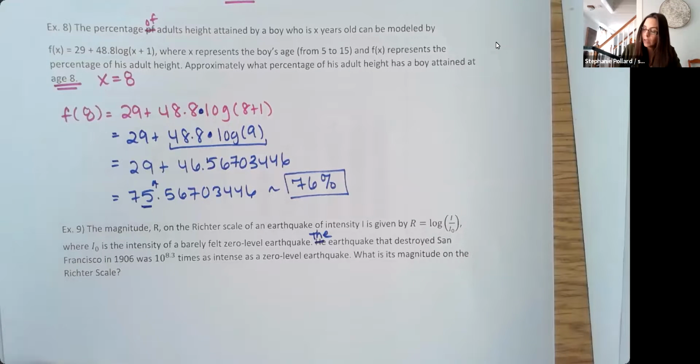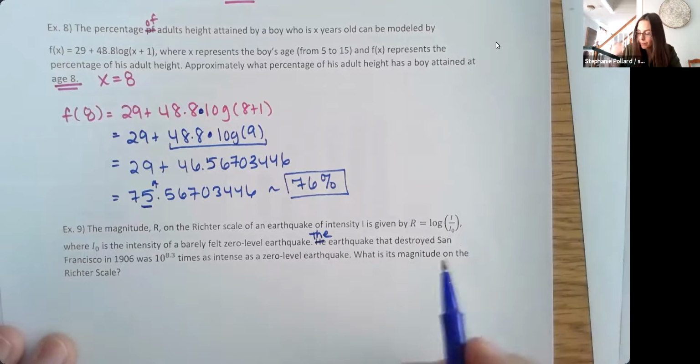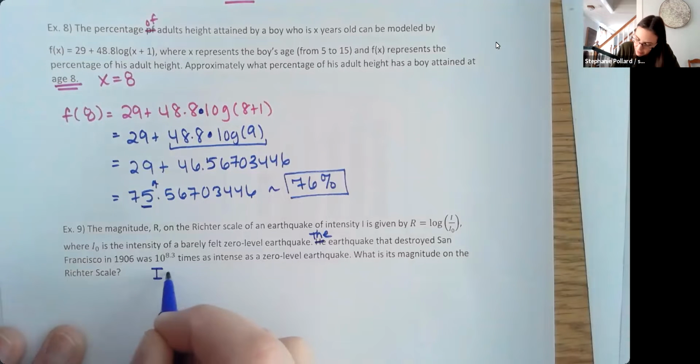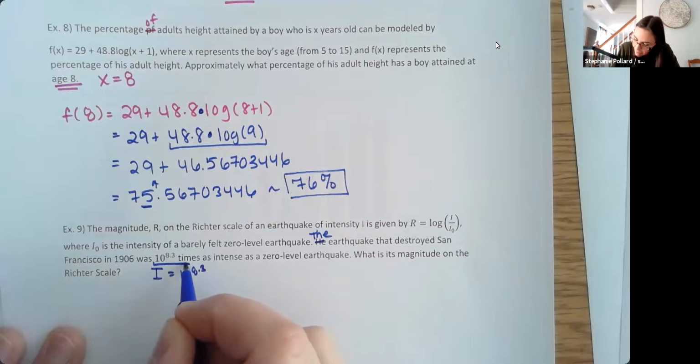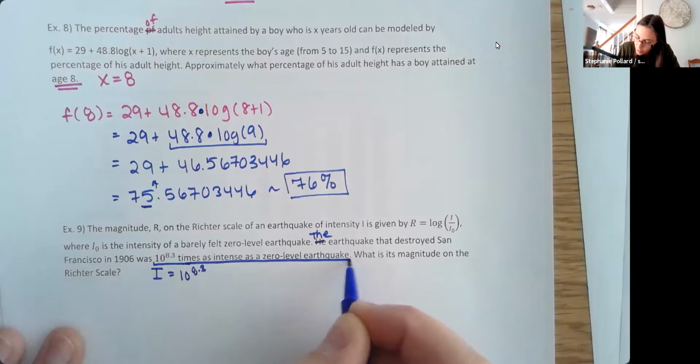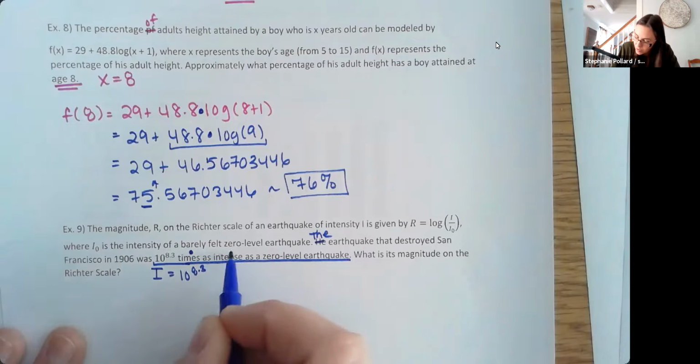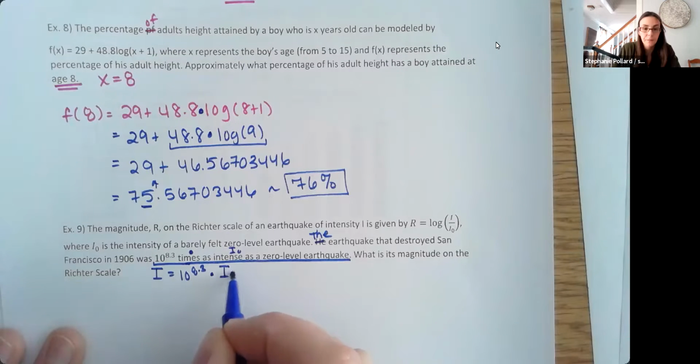So here what we're doing is we're plugging in the following. The intensity level in this case is 10 to the 8.3 times as intense as a 0-level earthquake. So times, and then a 0-level earthquake is just I sub 0. So times I sub 0.